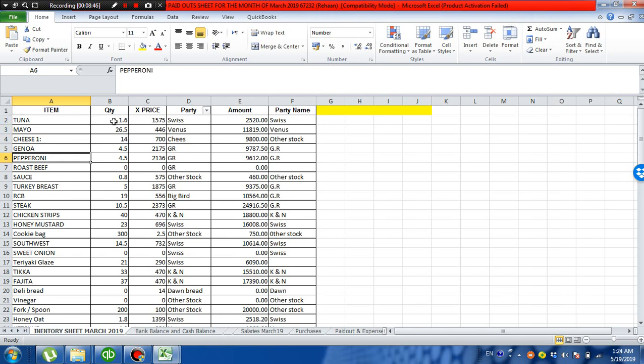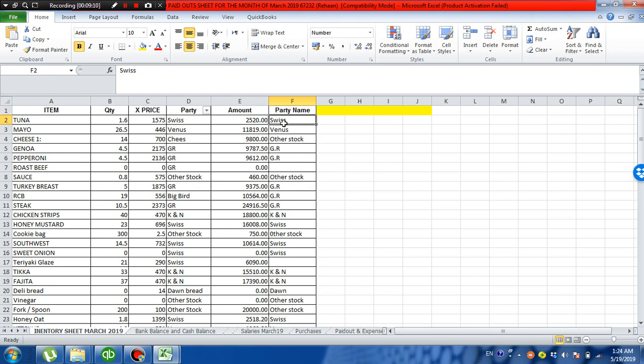Look at this. This is quantity, this was the price of the unit, and this is the amount. So we got our inventory in amount, and these are the parties. Now why did we write the party here? Since we want to know the cost of the items in our profit and loss.